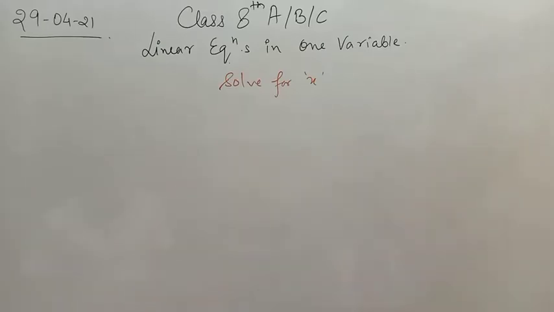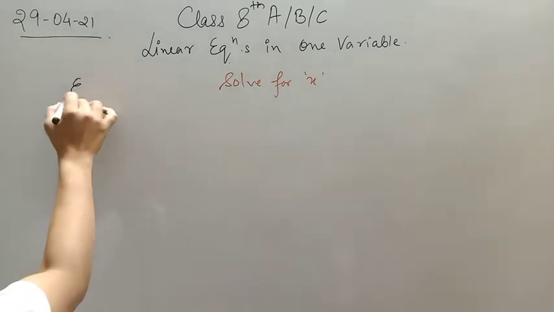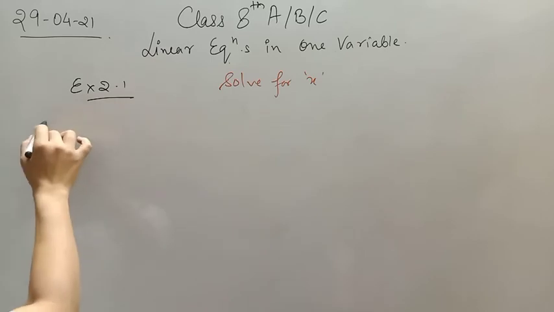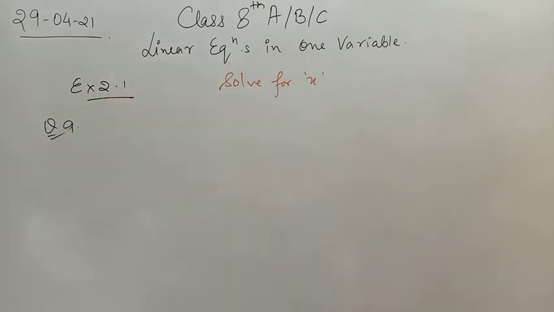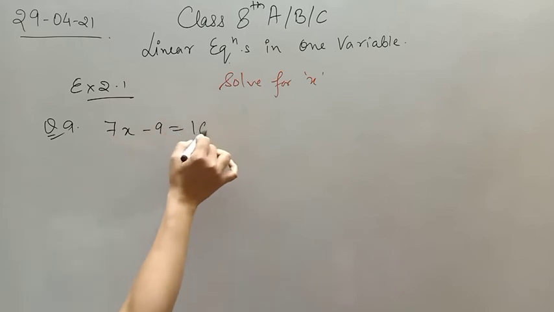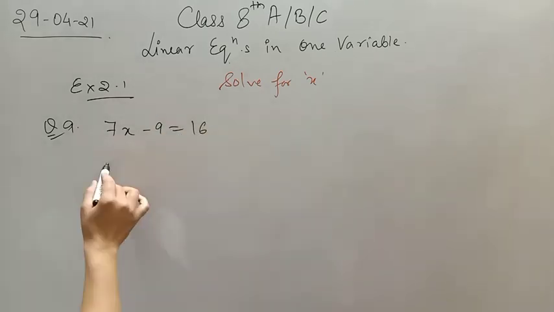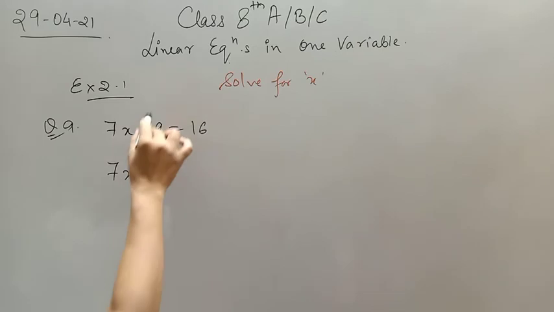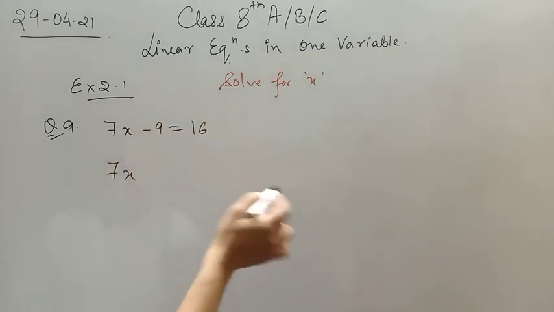Now I'm taking question number 9 of exercise 2.1. 7x minus 9 is equals to 16. So 7x as it is, and I just transpose minus 9 to RHS.